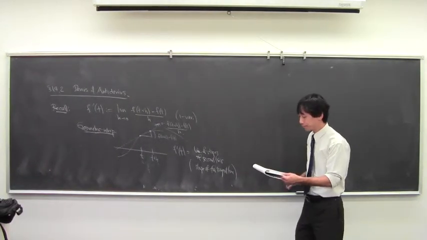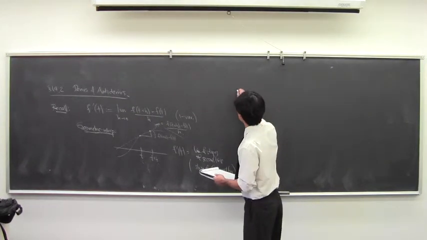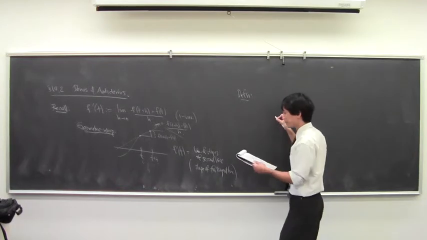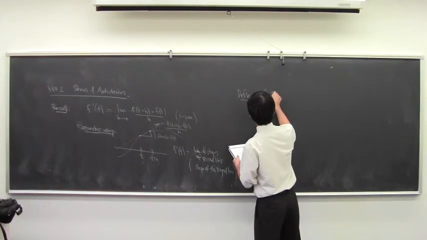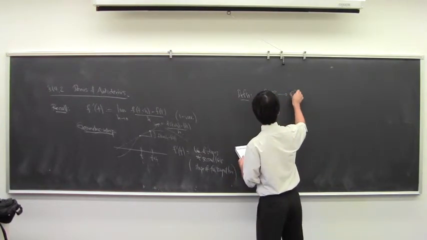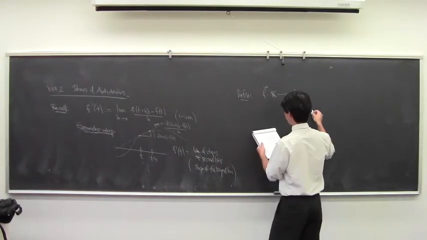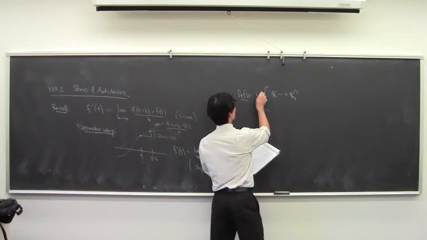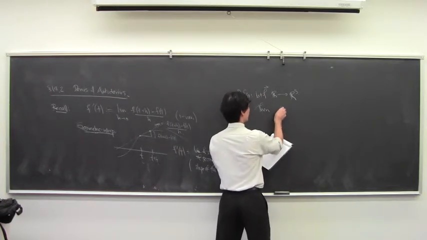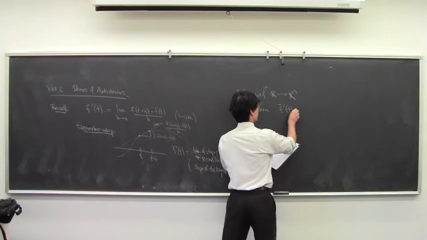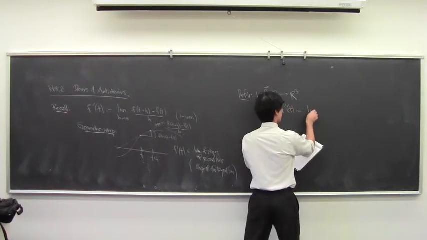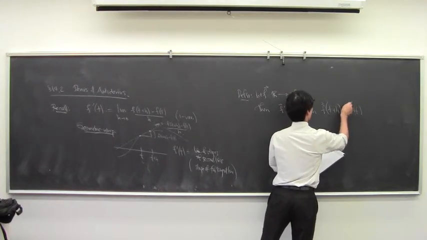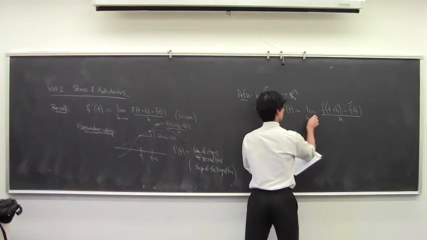Okay, so for the vector value case, you do the same thing. F, a vector value function, then f prime t is defined to be the limit of f of t plus h minus f of t over h as h goes to 0.